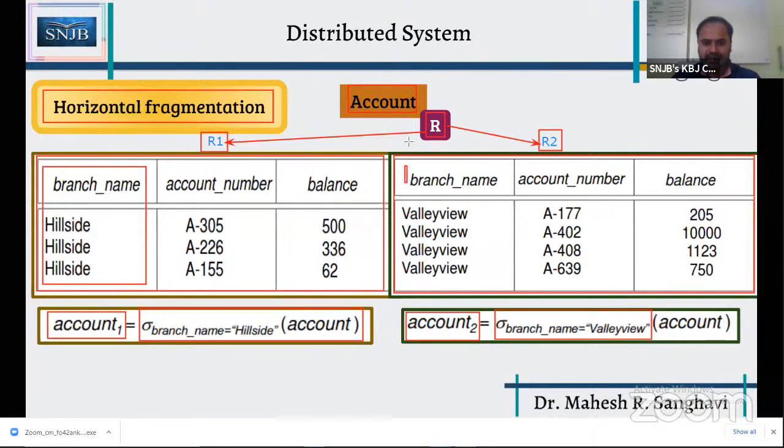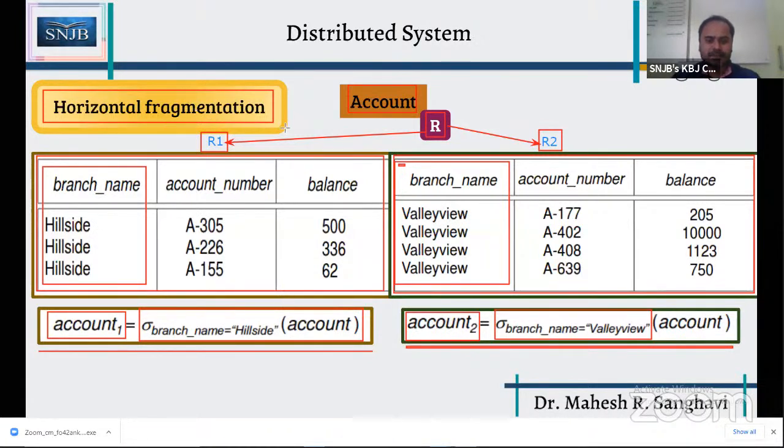It is entirely divided by this branch name. So R contains records of Hillside as well as Valleyview, and we have divided R into R1 and R2 using these commands. These commands are responsible for dividing the database. This division is known as horizontal fragmentation.